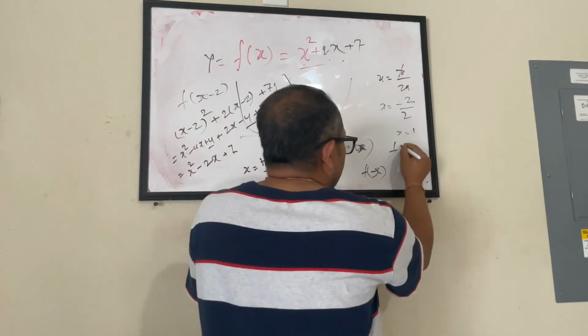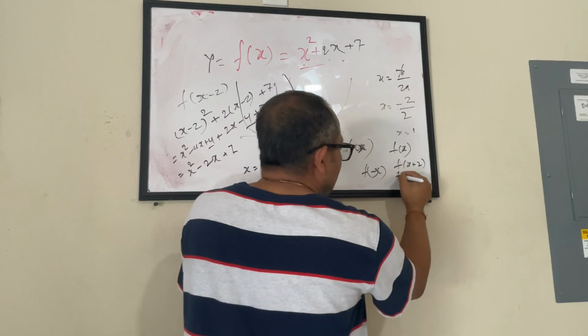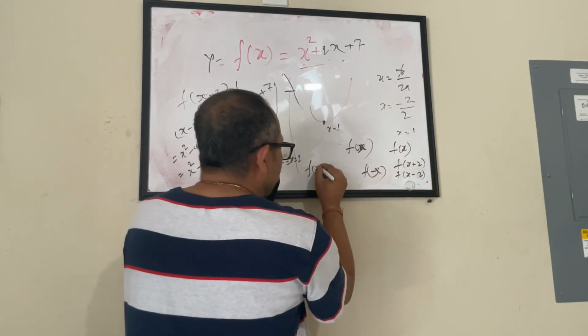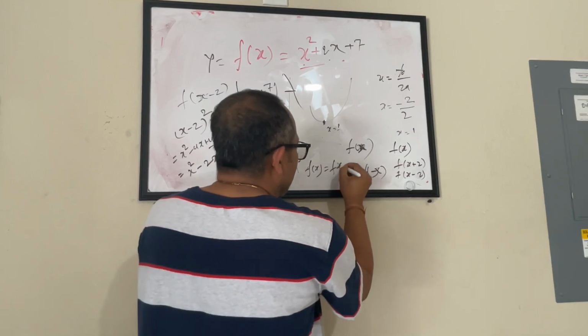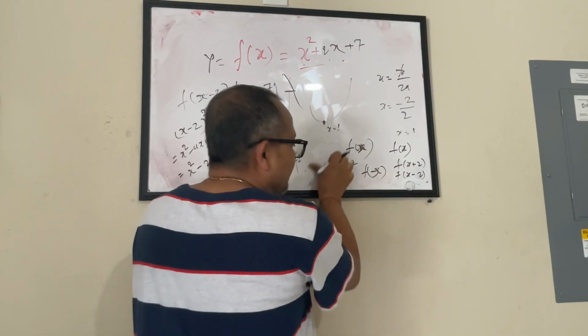If f of x becomes f of x plus 2, what happens? If f of x becomes f of x minus 2, what happens?